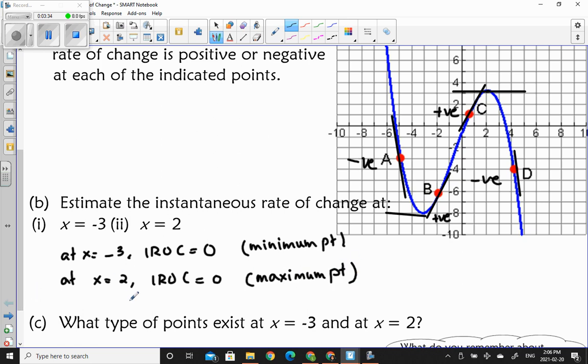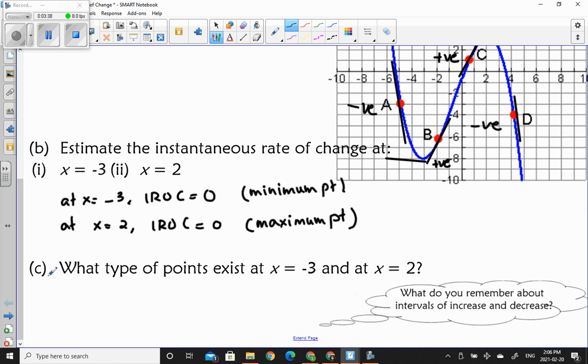What type of points exist at -3 and 2? They are the maximum and minimum points. They're also called the turning points. They are turning points when the slope changes. So you can see that at this point here, which is the turning point, the slope changes from being negative to positive, right?